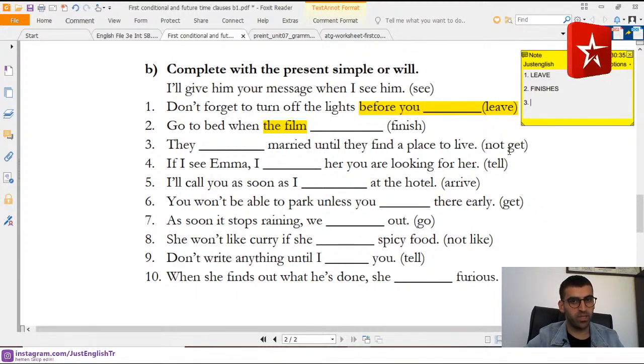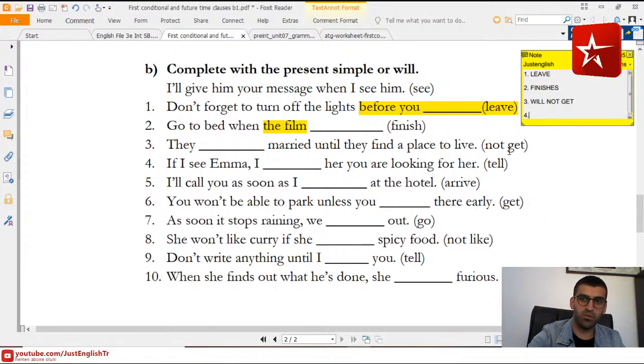They won't get married until they find a place to live. Okay, yes, won't get is a correct answer. Won't get means will not get. Won't get is the correct answer for number 3.